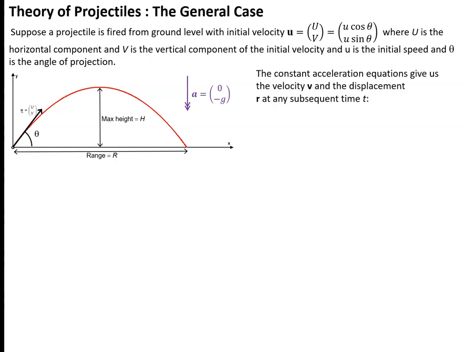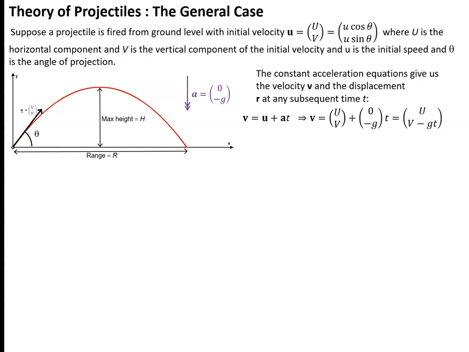The constant acceleration equations give us the velocity v and the displacement r at any subsequent time. So we've got the equation v equals u plus at, which means that the velocity at any time has a component of U in the x direction and a component of V minus gt in the y direction.